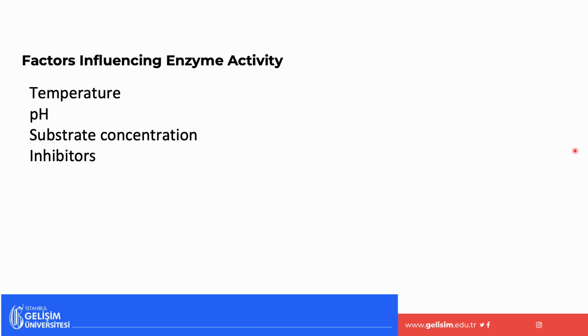Now, let's look at the 4 main factors that can influence enzyme activity. First, we have temperature. Enzyme activity is generally optimized at a particular temperature, known as the enzyme's optimal temperature. And this is because enzymes are sensitive to temperature changes, and high temperatures can cause them to denature, which means to lose their 3D shape, and then they become inactive.